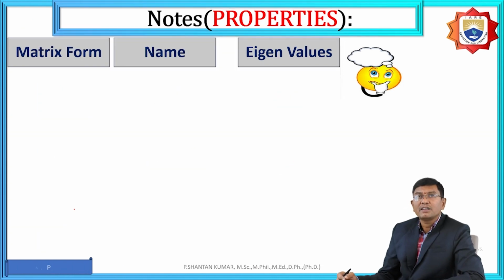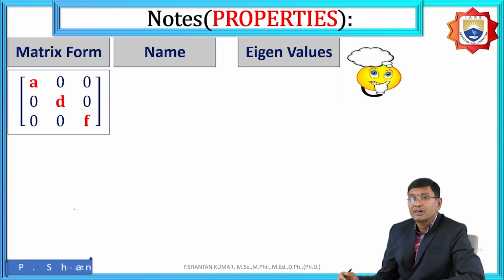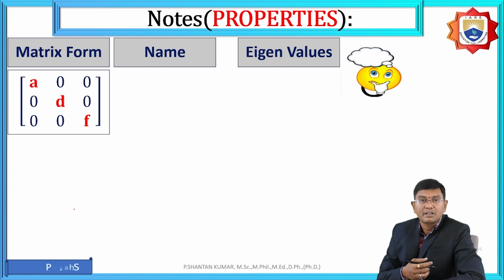And next, the matrix is in the form of 3 by 3, for example. This 3 by 3 matrix is the same as the 2 by 2 case.